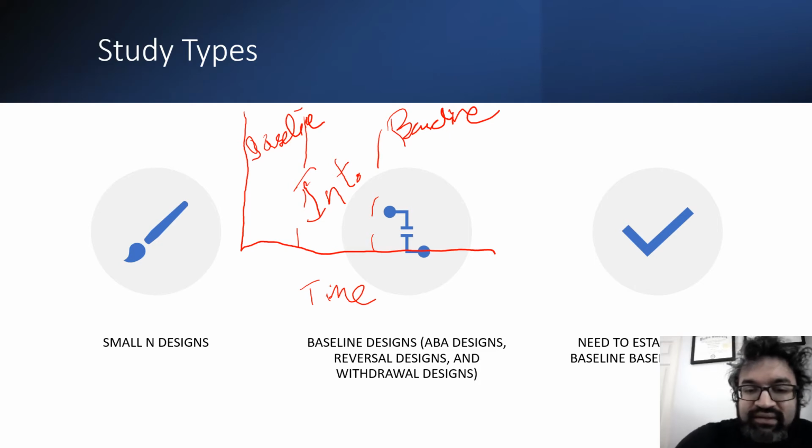So then you'll see baseline, high smoking rate, and I'm going to draw this in a different color so that it makes sense.